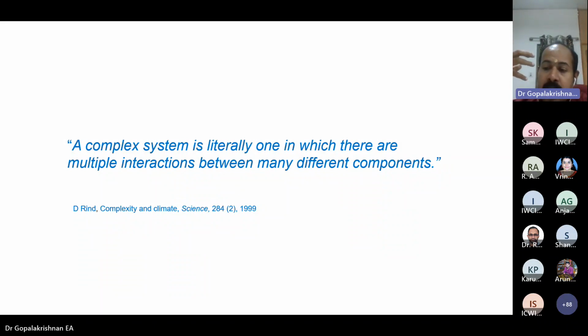What are the emergent properties? One example I gave is consciousness. Another emergent property is a stock market crash, where suddenly the entire stock market collapses. If you take the human body as a complex system, onset of a disease is an emergent property. A pandemic, with the entire world getting into its grip, is also an emergent property.